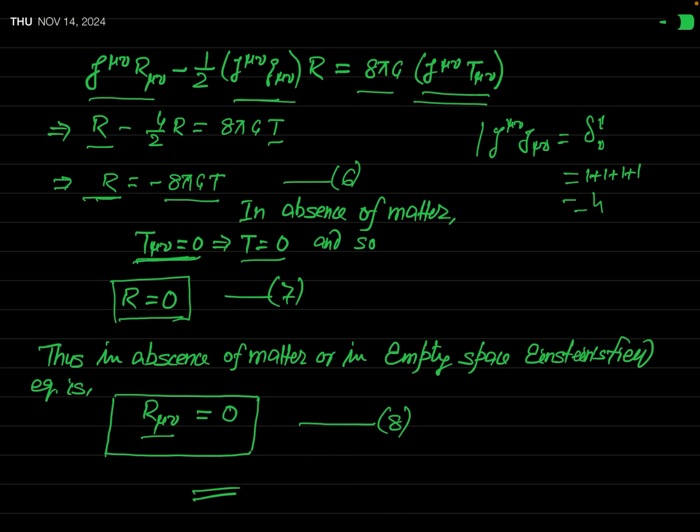So actually this Ricci curvature tensor is equal to 0. This is Einstein's field equation in empty space. It means if the space is empty, there is no matter, then the space will be flat, not curved, because here the curvature tensor is 0. If the universe is empty, there is no matter, then definitely our space-time will be flat.